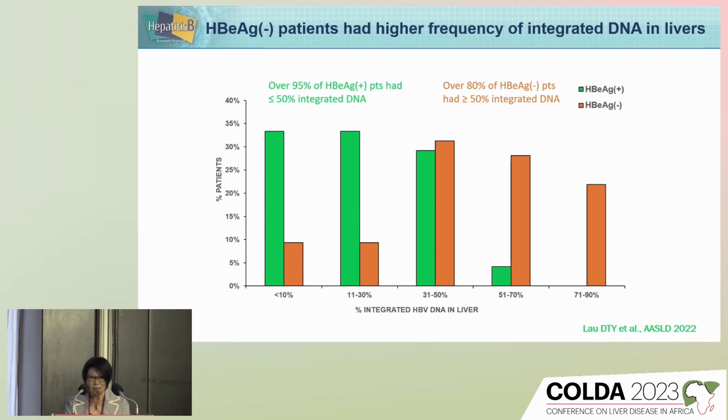In contrast, over 80% of the E-negative patients had greater than 50% integrated DNA. Furthermore, among the E-negative patients, the integration DNA tends to cluster around the liver cancer associated region, the so-called hotspot.